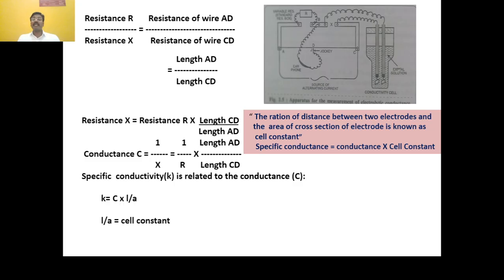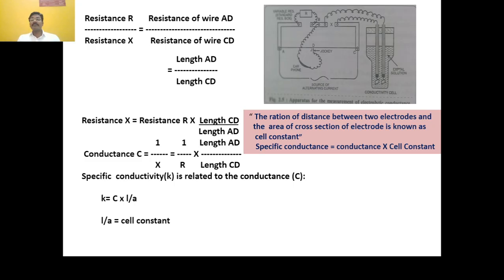L upon A for a conductivity cell is constant, as L is equal to 1 centimeter and A is 1 centimeter square. At that time L upon A is a constant, and that is called the cell constant.